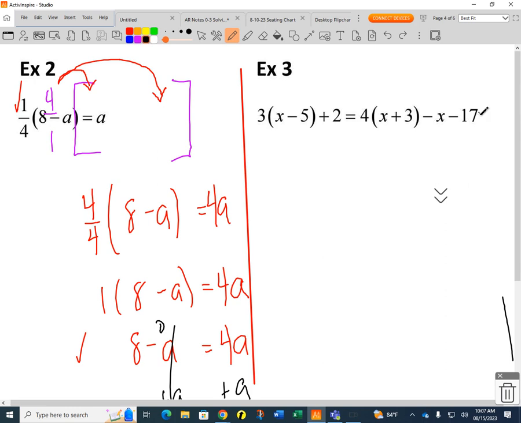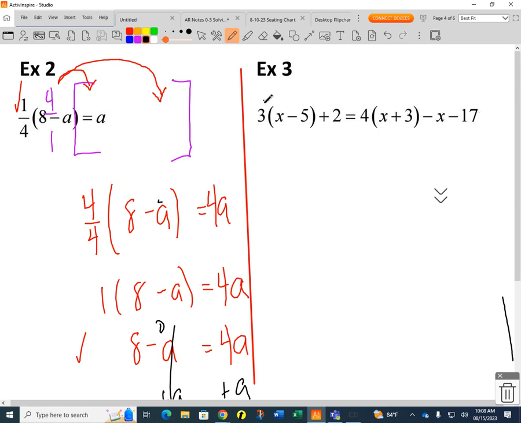So our first step in our general plan of action is for us to get rid of the parentheses. Seeing that what's on the outside of the parentheses is not a fraction, we do want to just go ahead and distribute. So it's going to be 3 times x minus 3 times 5 plus 2. That 2 will not get distributed, will not get that 3.